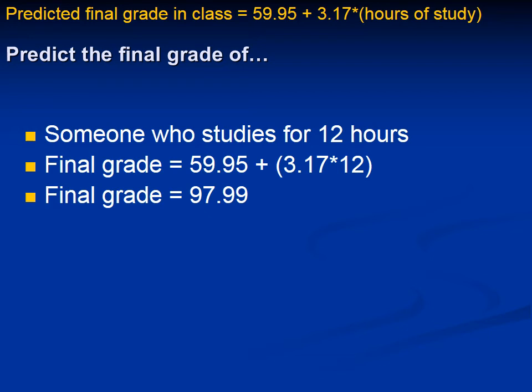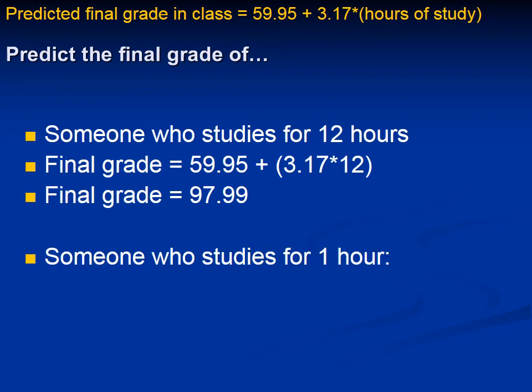So substituting for the hours of study in predicting the final grade, we just have to bring in the 12 hours, and then we multiply with the slope, and that will give us the final grade. That's how it's done.